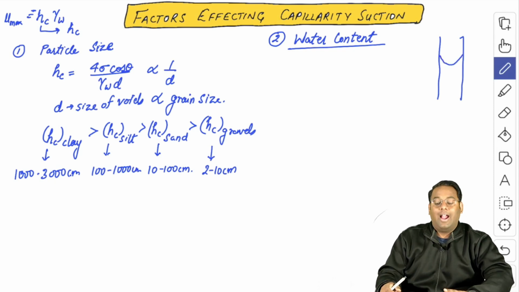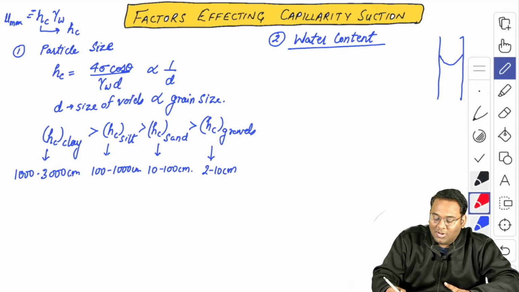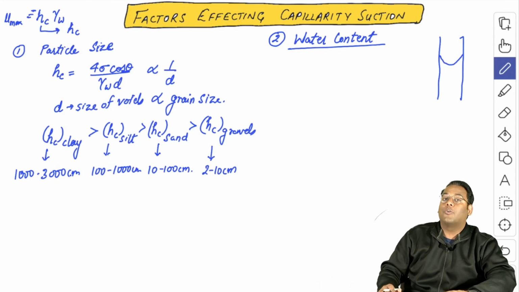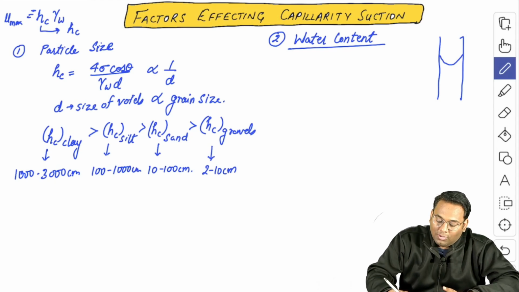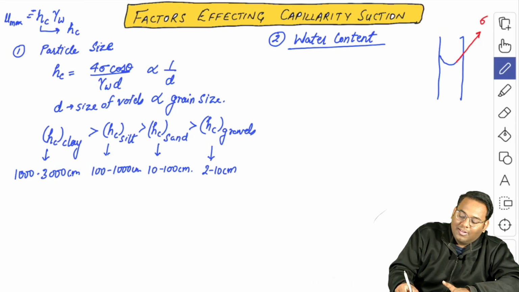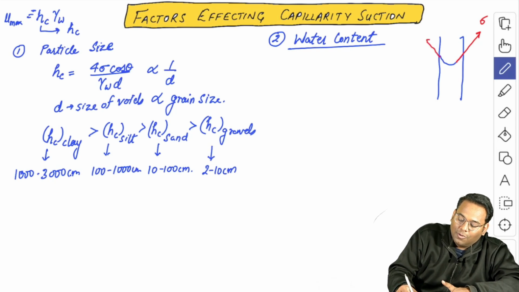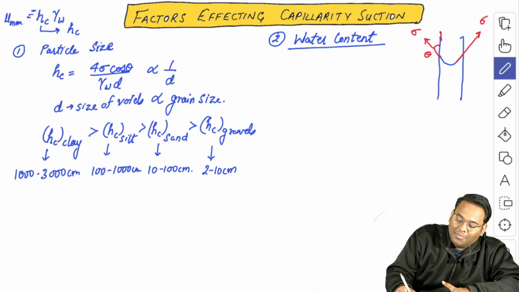If I ask you what the upward force causing the lifting of the water is, that was the component of the surface tension force, sigma cos theta, acting in the upward direction.